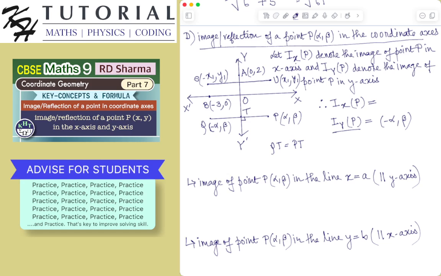Similarly, what do we mean by an image of a point in the x-axis? It is the same concept. Let's say I have a point, it is already very congested.